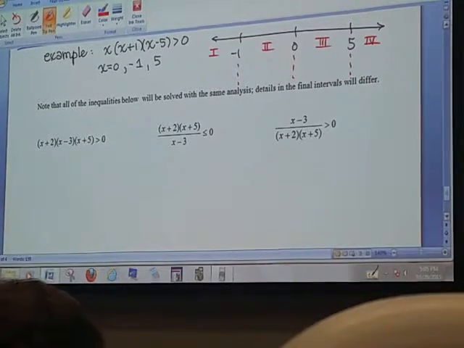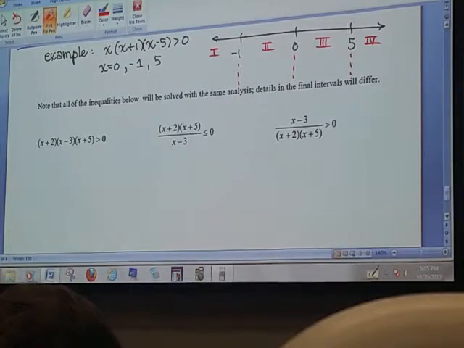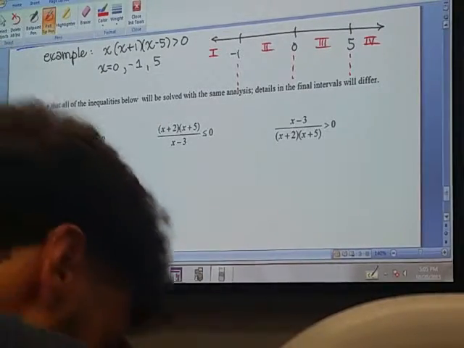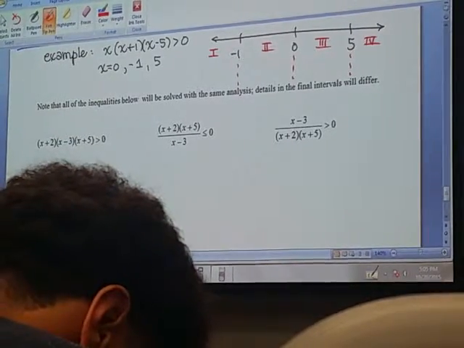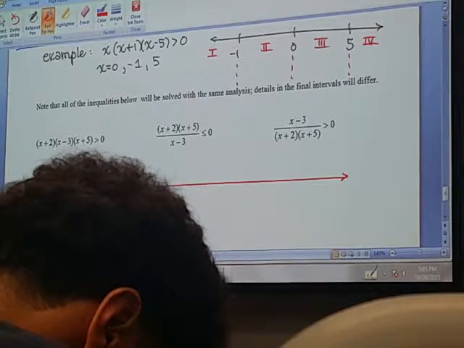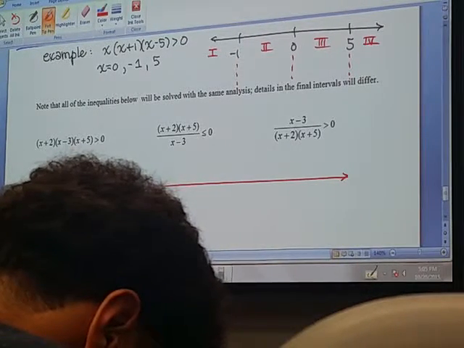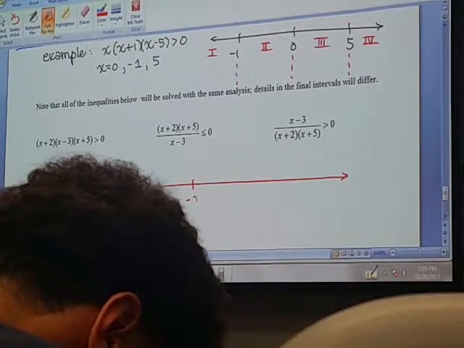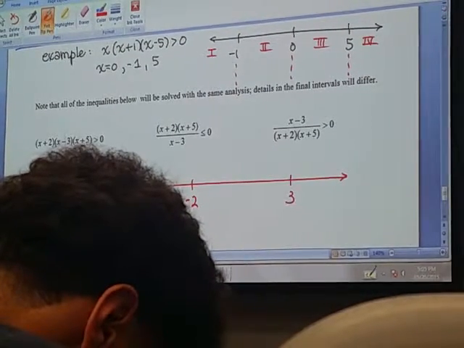You would do everything exactly the same, but the final answer for each one of those is going to be different. So the key thing is the analysis. They all have critical values of -5, -2, and 3.